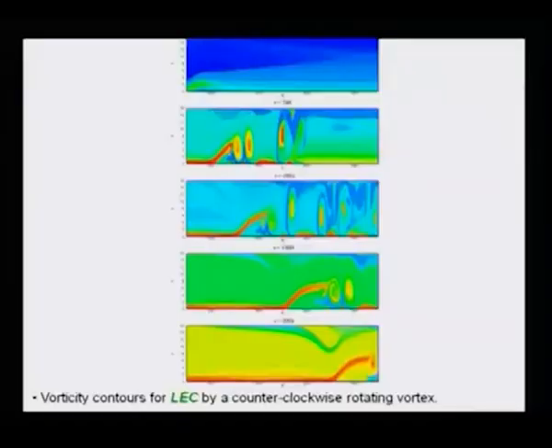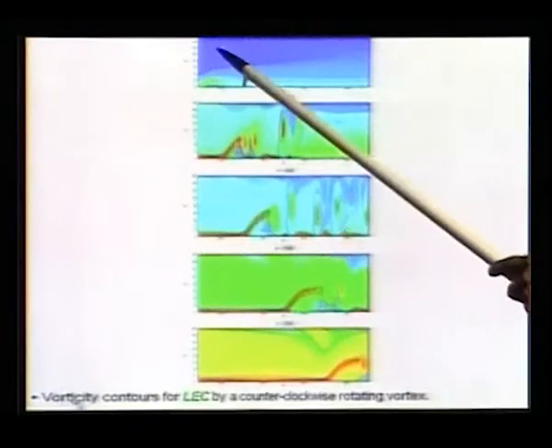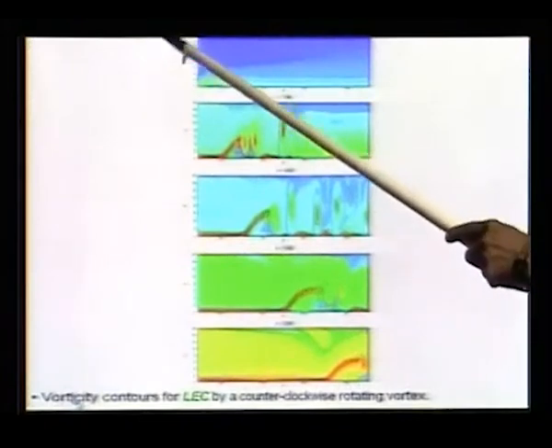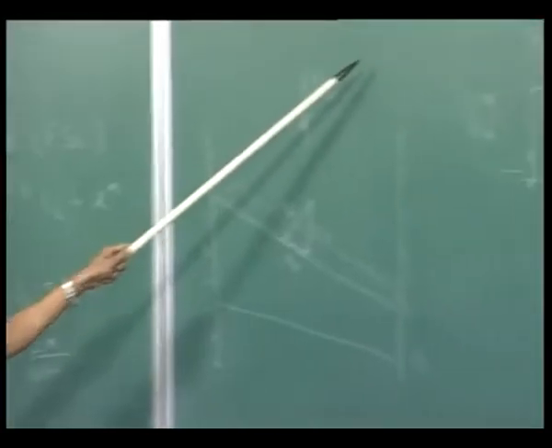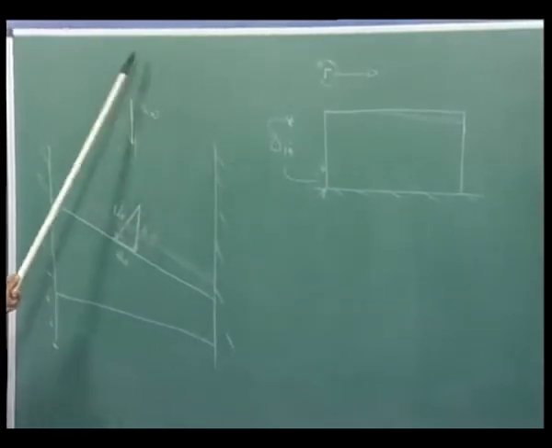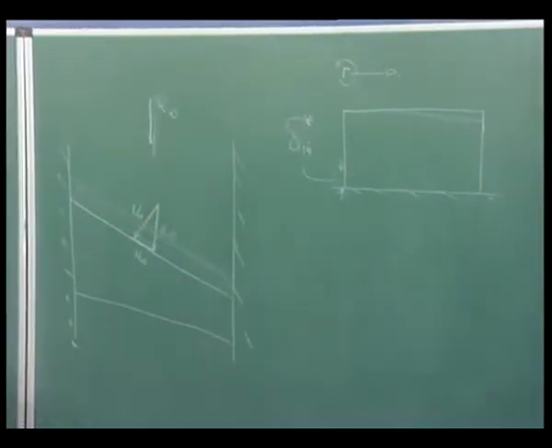And in this case, you notice that this vortex is still outside the inflow. So, the vortex could be somewhere still outside, and it has started affecting the flow inside. How does it do it?